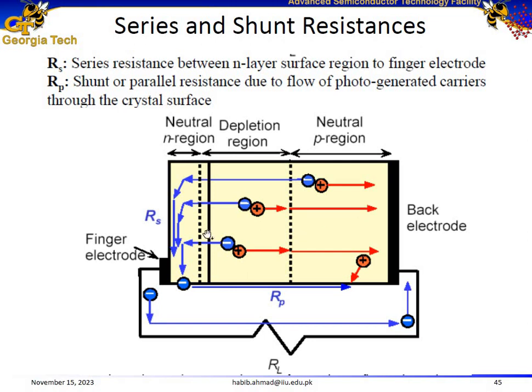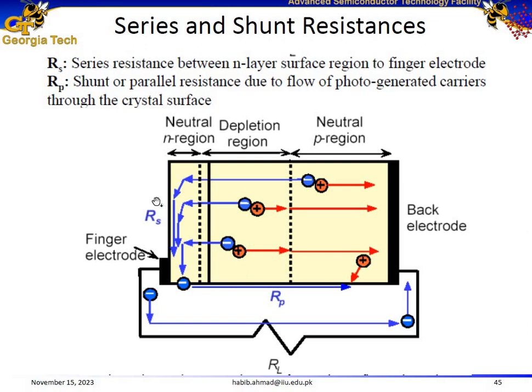So the fill factor is smaller, first because of the series resistance, and secondly, when these carriers travel across the p-n junction so that they can be collected by the electrodes, sometimes they start traveling across the surface of the device, because we might have defects or dangling bonds on the surface, and that contributes to the parallel resistance or the shunt resistance of the device.